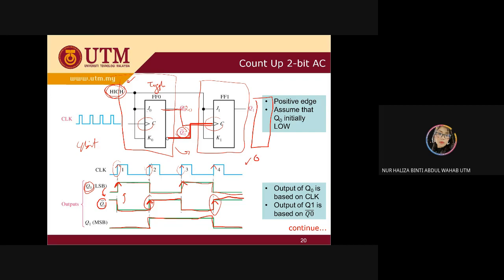After this, if you have another one, it's going to be similar. You need to do the Q1 bar first. Toggle from this. I'm going to get something like this. So this is my positive clock. So my Q2 will be like this.